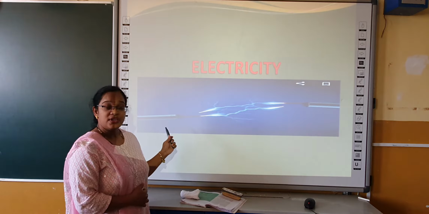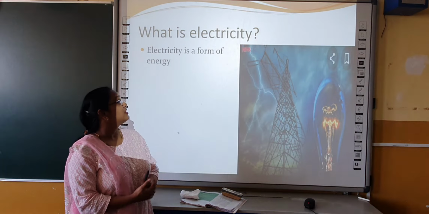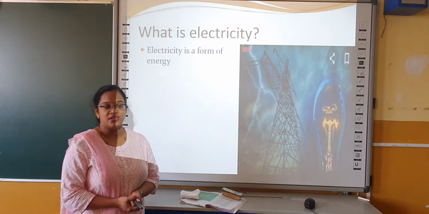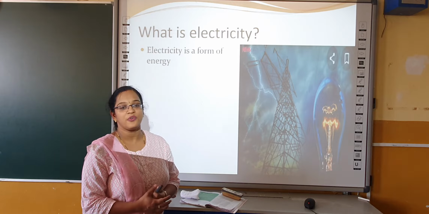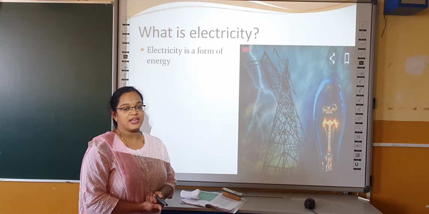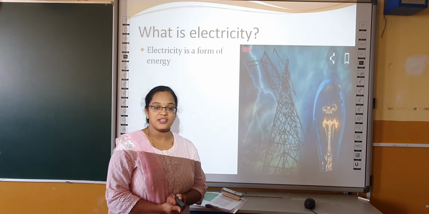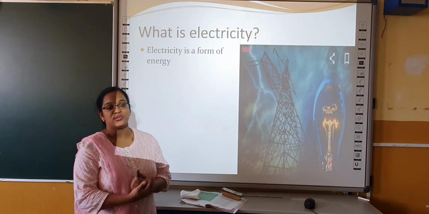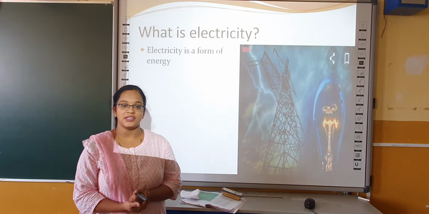So what is this electricity called? Electricity is a form of energy. You know that there are different forms of energies: light, sound, and the sun is a source of all energies. So electricity is also called a form of energy.